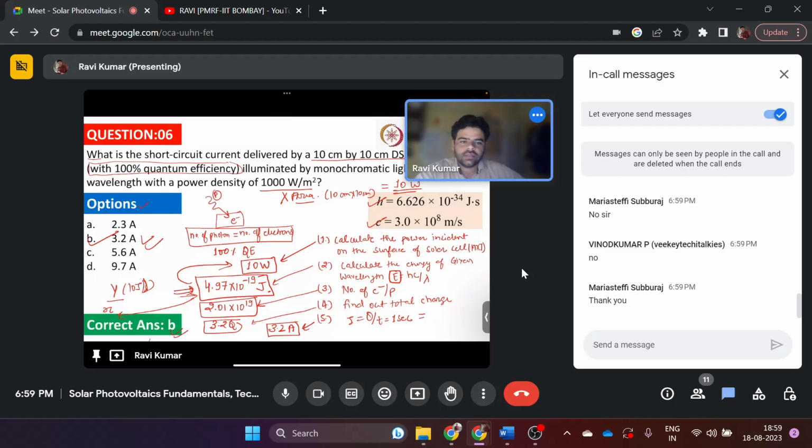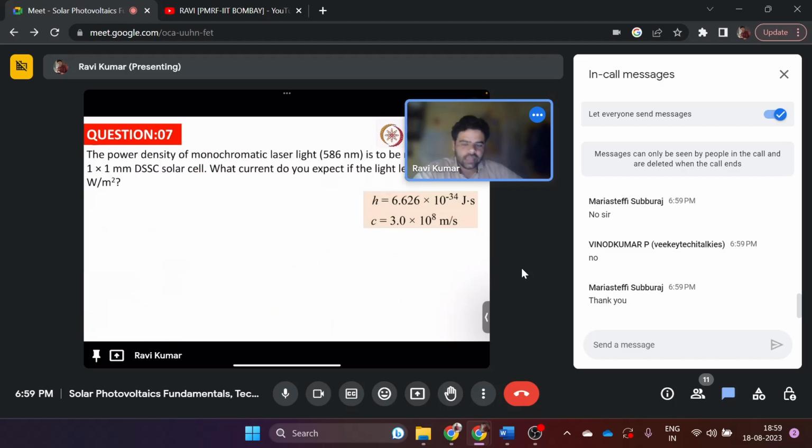Next question, similar question, just give me the answer. If you are unable to solve, let me know. Same steps will be followed. I'll tell you step by step if you have any difficulty. Question 7. It is saying the power density of monochromatic laser light is 5.86 nanometer.